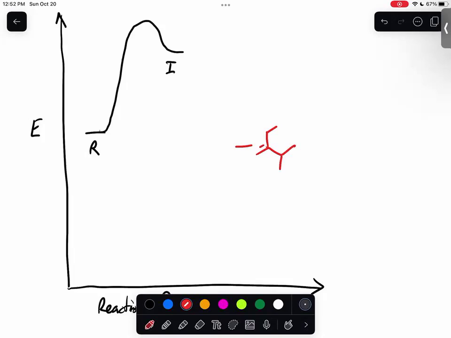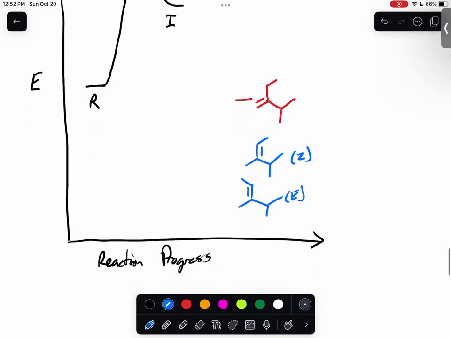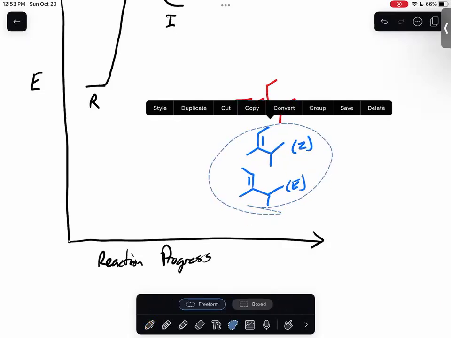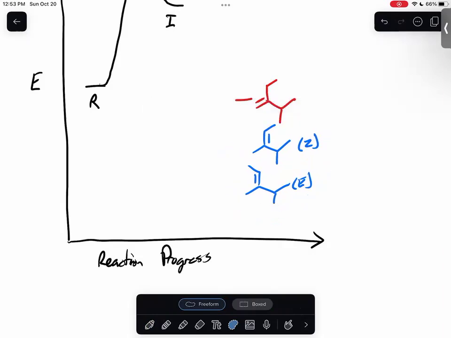So there would be our disubstituted alkene. Next up on the list would be some trisubstituted ones, but one is Z and the other is E, so those are going to fall into order in this way. And last but not least, at the bottom of the ladder is that tetrasubstituted alkene, because it's going to be the most stable, as it has the best substitution pattern.